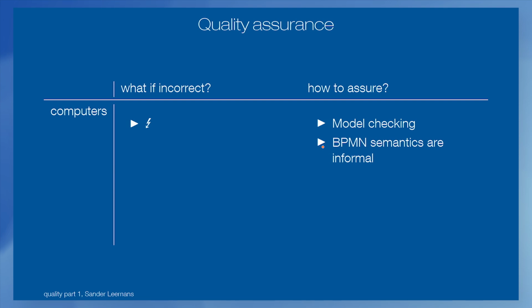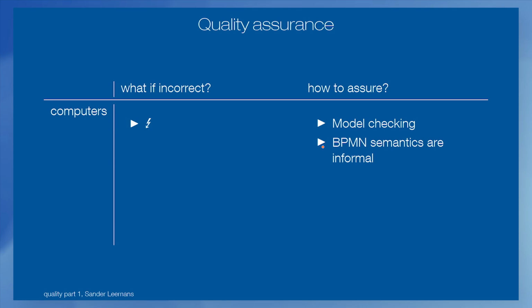And that means that someone needs to make a translation from this informal text language to a mathematical formula that a computer can understand in order to do any type of model checking. This has been done for the basic elements, so it is possible to do model checking. But if you go really exotic on your elements, then you might end up with issues.